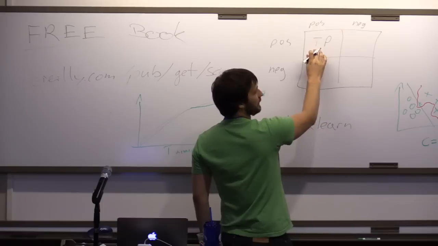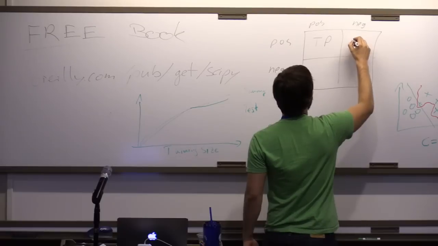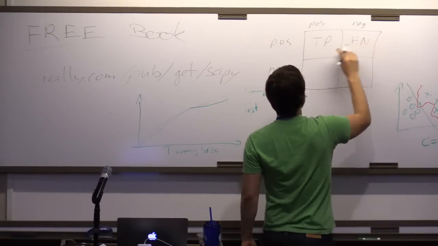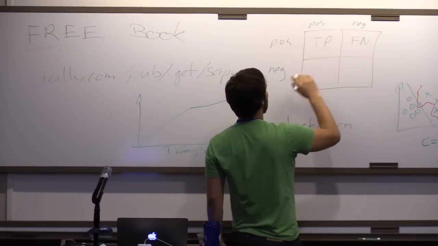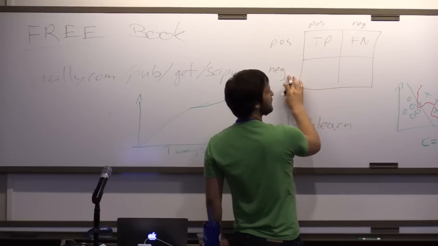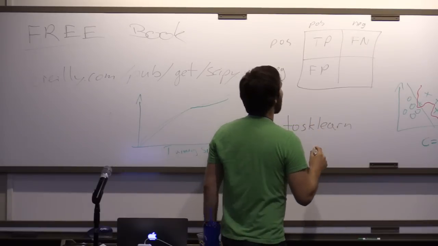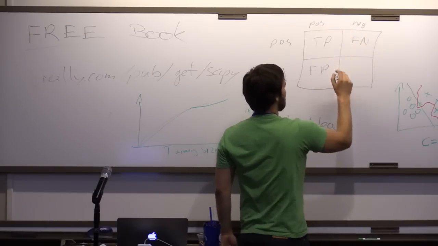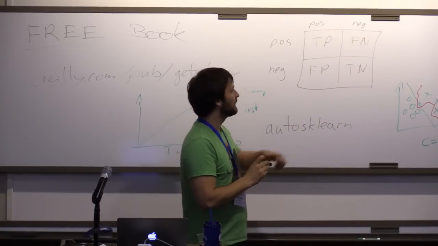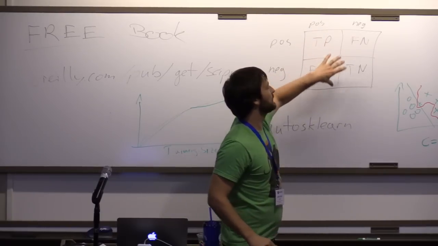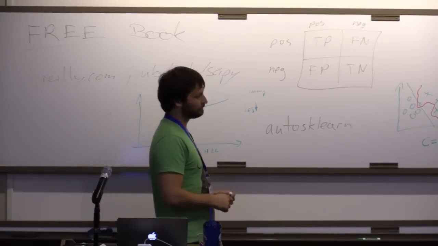These are the positive examples that are classified as positive by the model. Then there's false negatives, the ones that are true, but the model said they're negative, but it was wrong. The negatives that were classified as positives, these are false positives. And the negatives that were actually negative, these are the true negatives. So this is for binary classification, the confusion matrix, and these four quantities are the raw material that most of the other metrics are made up of.